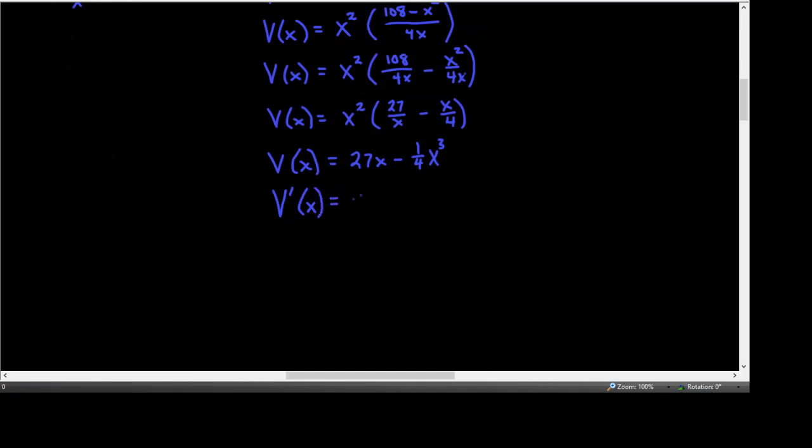So the derivative of this is 27 times (1 minus 3/4 times x squared). Set that equal to 0, because we're finding critical numbers. Or make sure you consider where the first derivative ever fails to exist.